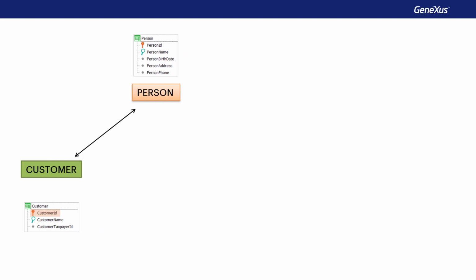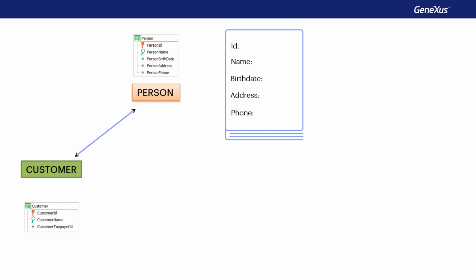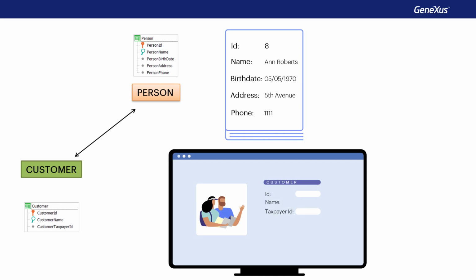We want the customer ID to exactly match that of a person to reflect that the customer is a person. That is to say, if the person with ID 8 is called Ann Roberts, and she was born on 5/5/1970, when entering her information as a customer, the user needs to be able to type the ID 8 in the customer transaction. Also, when leaving the field, the name Ann Roberts should be shown in order to enter the taxpayer number in the customer taxpayer ID attribute.